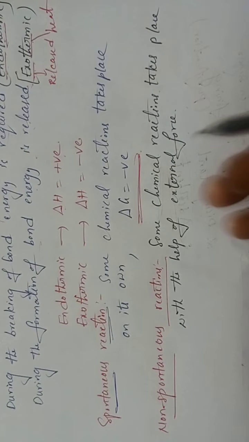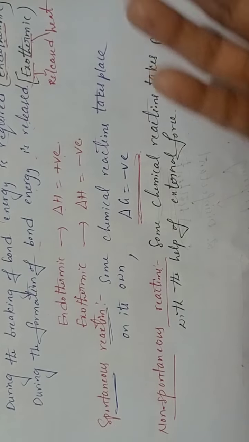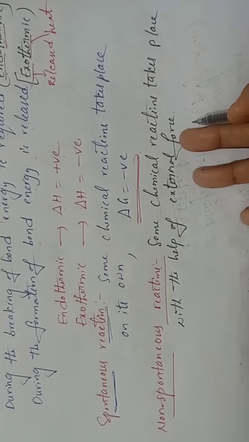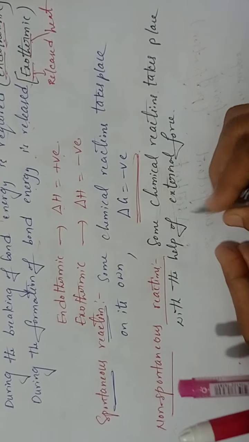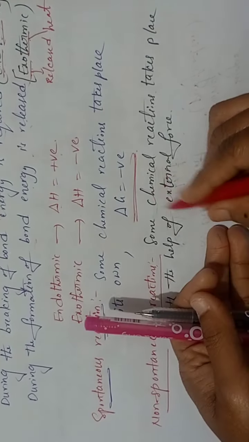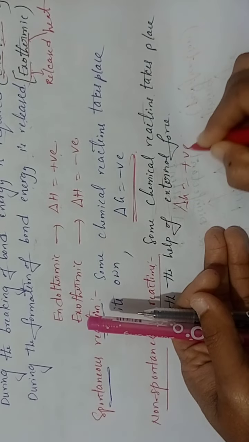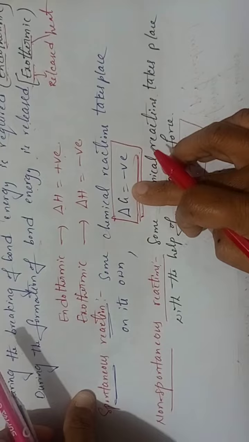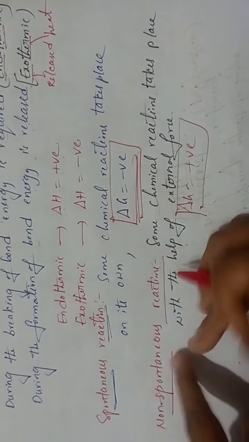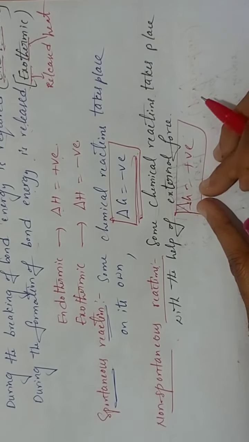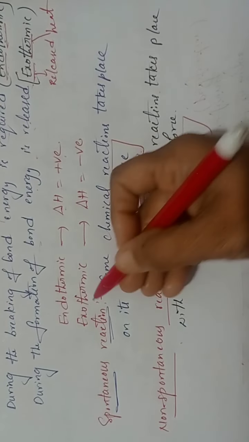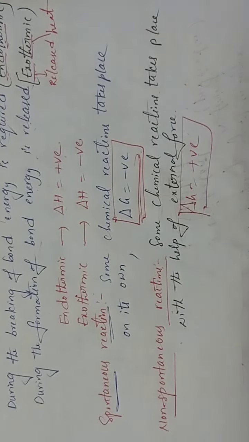When we are supplying external energy, only then do these reactions take place. Such reactions are called non-spontaneous reactions. In non-spontaneous reactions, delta G value is positive. In case of spontaneous, delta G value is negative. In case of non-spontaneous, delta G value is positive. Remember: spontaneous, non-spontaneous, exothermic, endothermic.